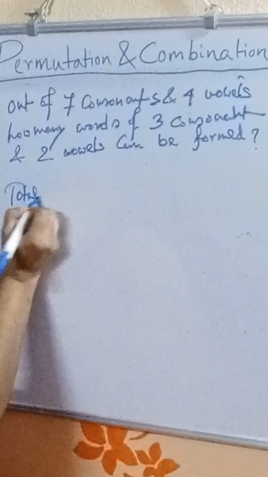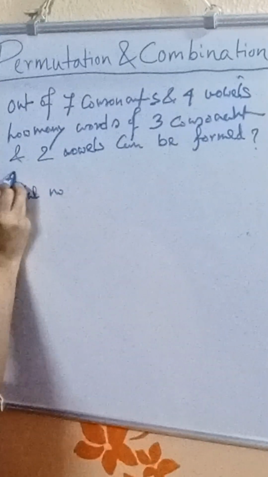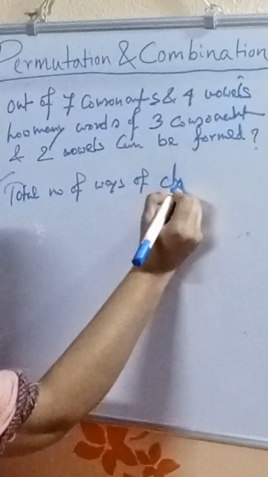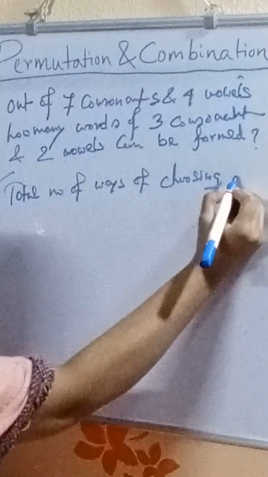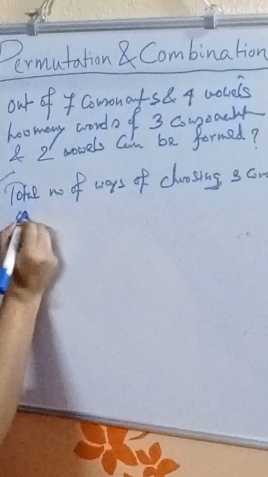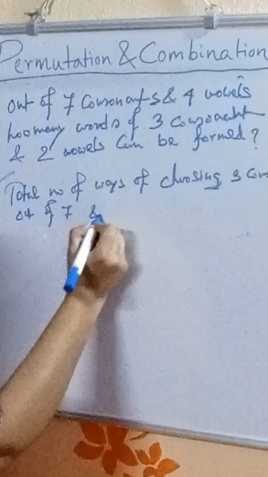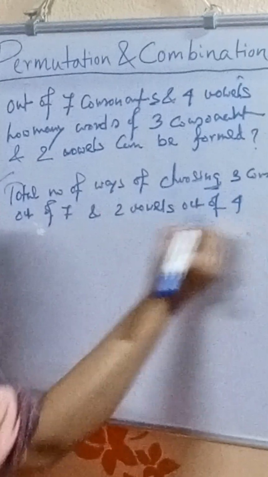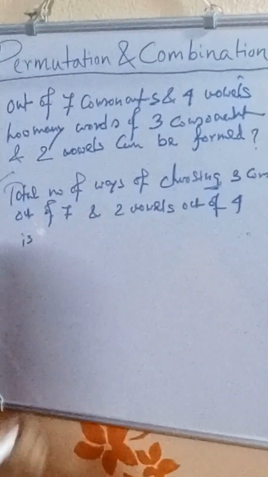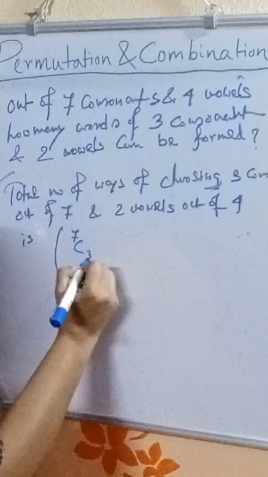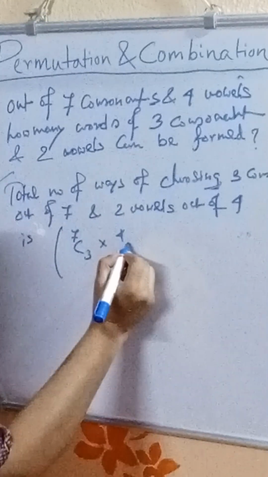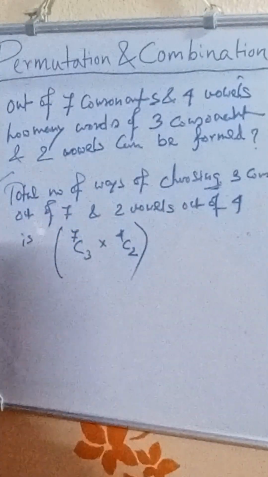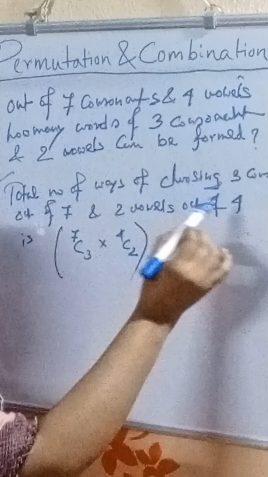Total number of ways of choosing 3 consonants out of 7 and 2 vowels out of 4 is 7C3 into 4C2, as two events occur in succession.